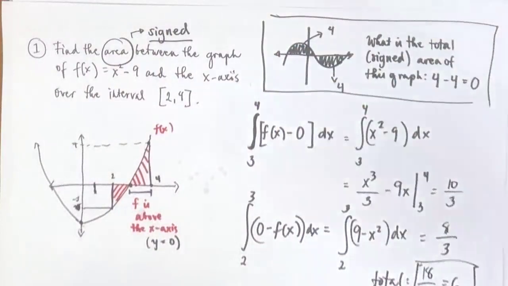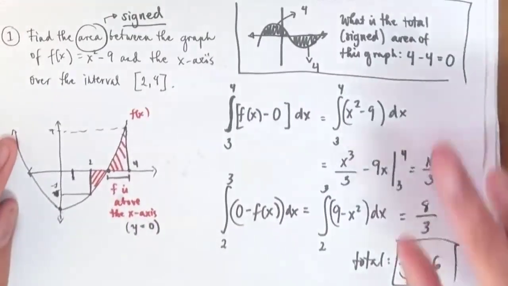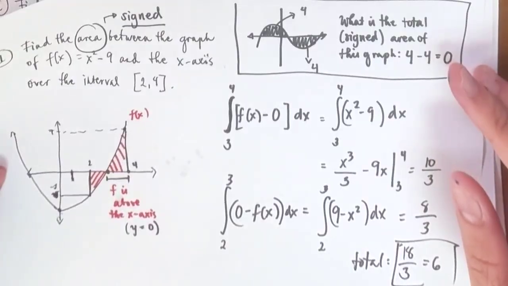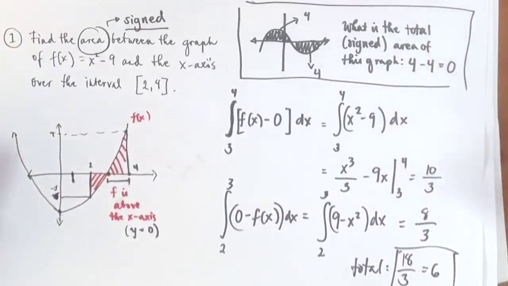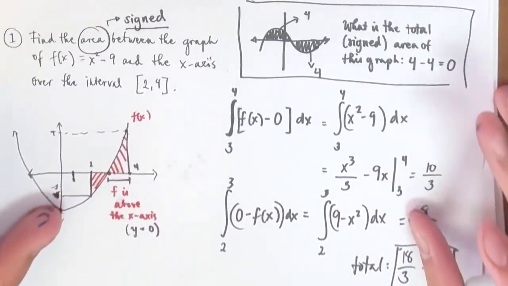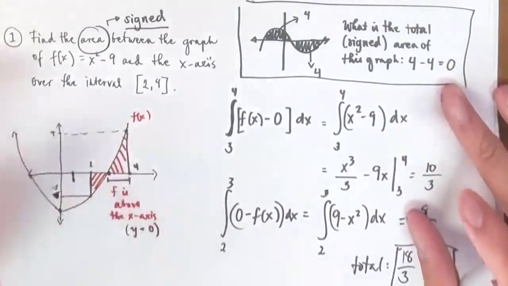So for this particular example, 6. But again, if it says what is the total signed area, where it matters what the sign is, you need to be careful of saying positive and negative.